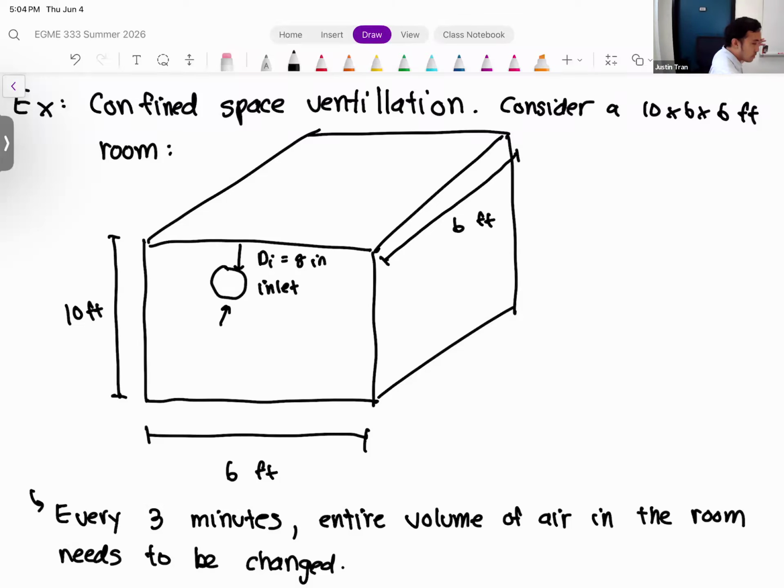The inlet hose is basically pumping fresh air into the room. But we also need a ventilation shaft as well, so that air needs to go somewhere else. So we have an outlet hose as well. Right, so this is our outlet, and our outlet hose only has a diameter of 4 inches.